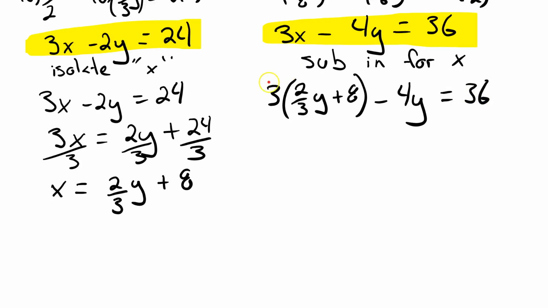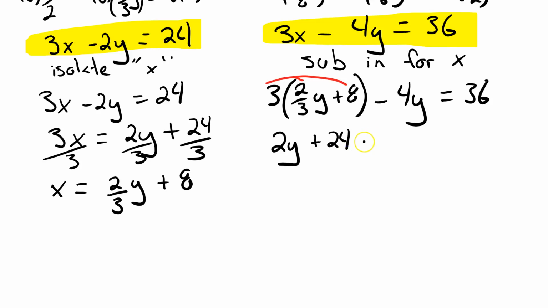I'm going to take my 3 and distribute between both of my variables inside my brackets. So now remember, that's 3 times 2, which is 6, divided by 3, which is 2y. 3 times 8 is positive 24.